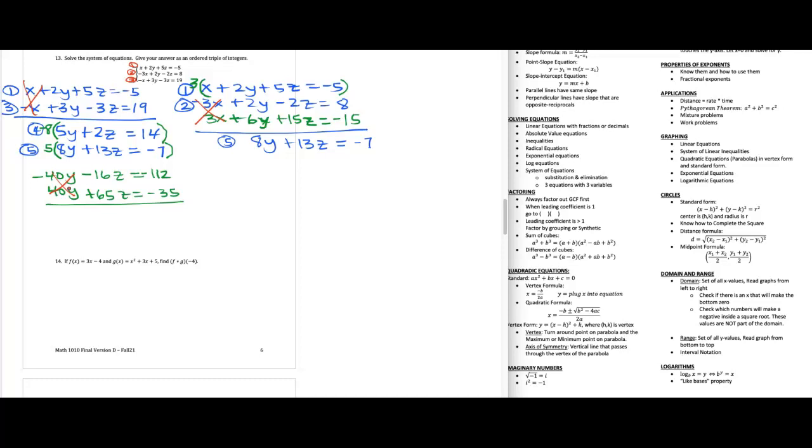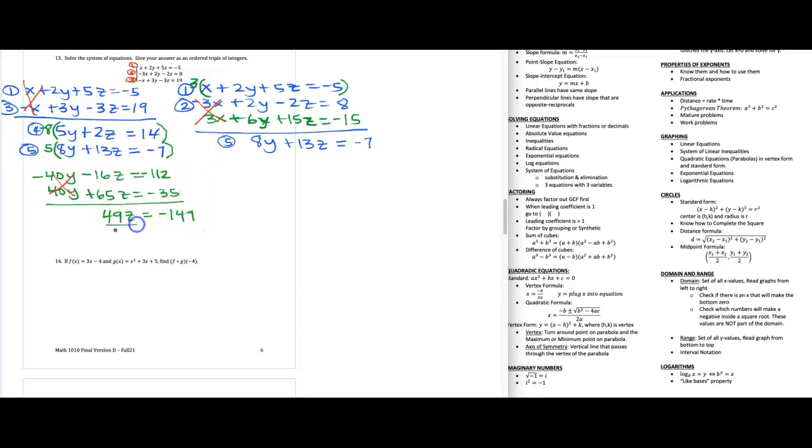And so now I'm going to combine those together. So 65 minus 16 gives me 49z equals, now I need to combine those together, right? So the 112 and the 35, they're both negative, so it's going to give me negative 147.